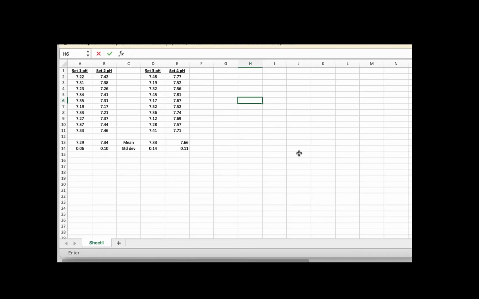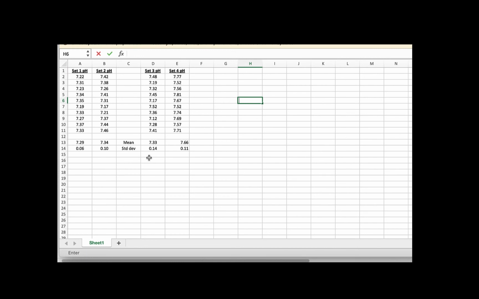And when we look at set 3 in comparison to set 1, I set up another set of pH values that have a little bit more variability, and so their standard deviation is a little bit higher. Let's go ahead and calculate the F-test for these two sets.